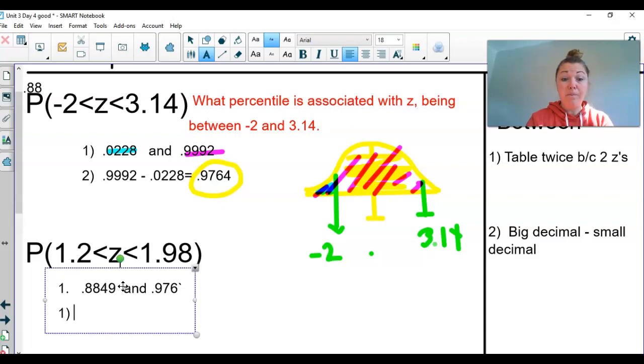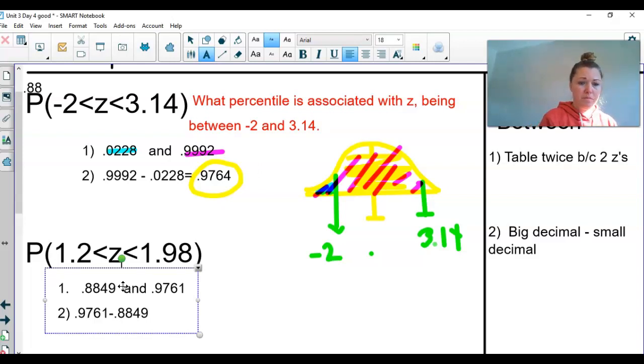Okay, we're gonna do the big minus small. 0.9761 minus 0.8849, and we're left with 0.0912. And that's my final answer.